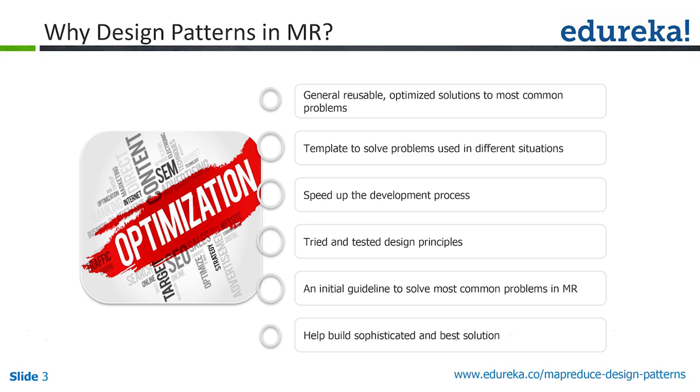So that's the idea of the design patterns. It's good to use the way people have solved these problems over the years, and if you do that, you'll see that the development time speeds up, and also the quality of the program will definitely be better.